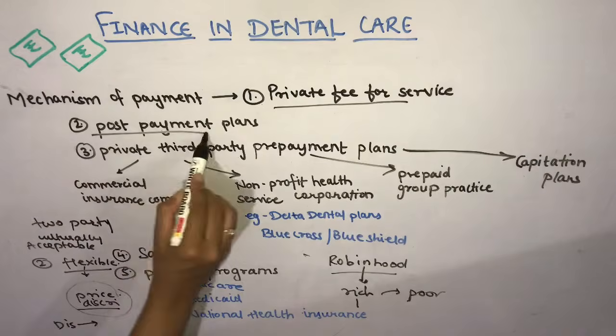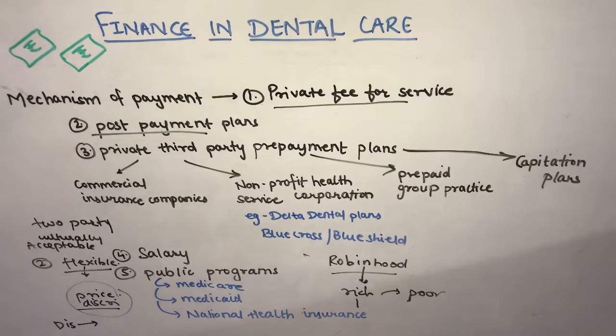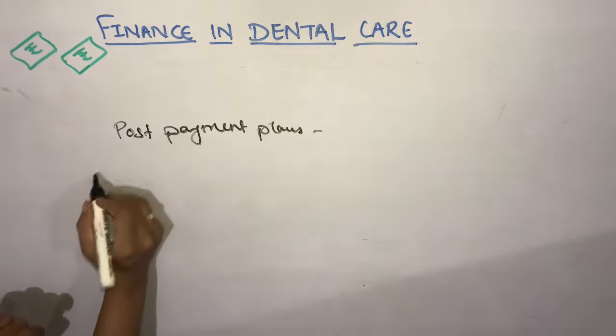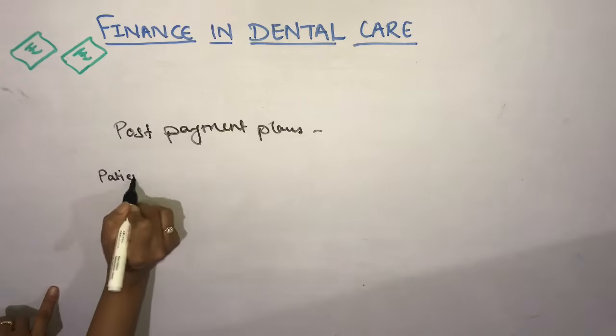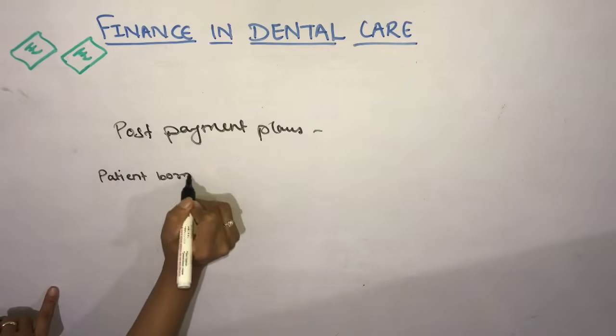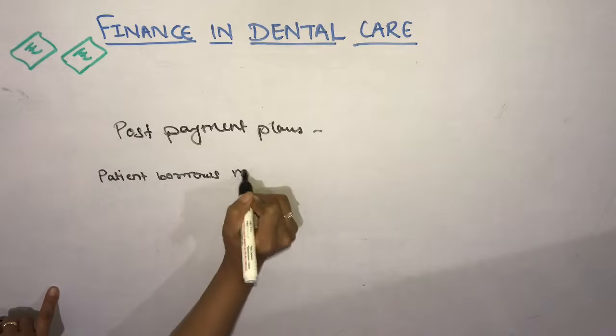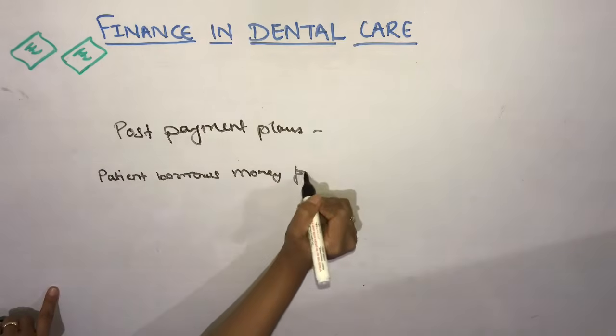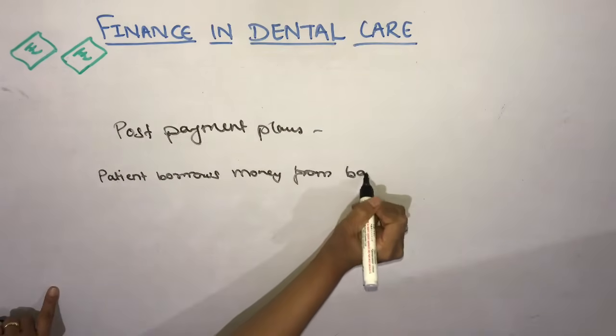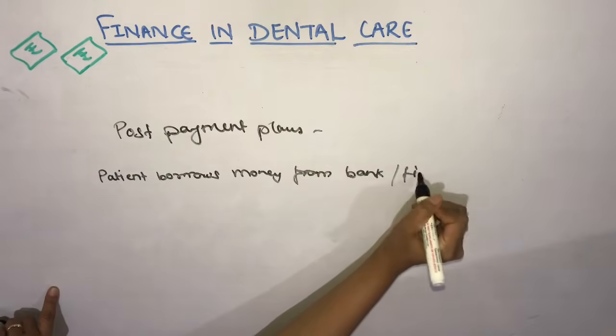Now the next one is the post payment plan. So what is this post payment plan? In this, the patient borrows money from a bank, or from any finance company.